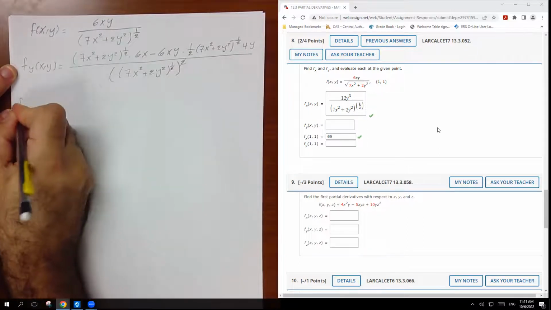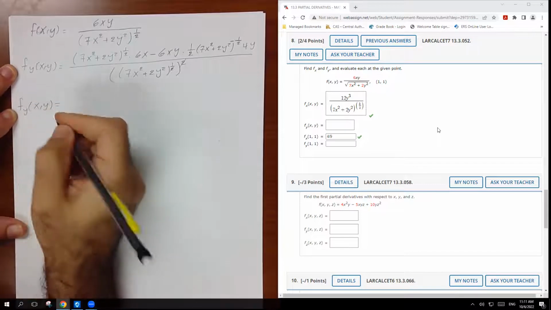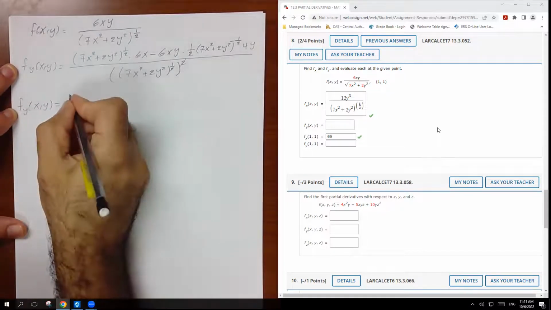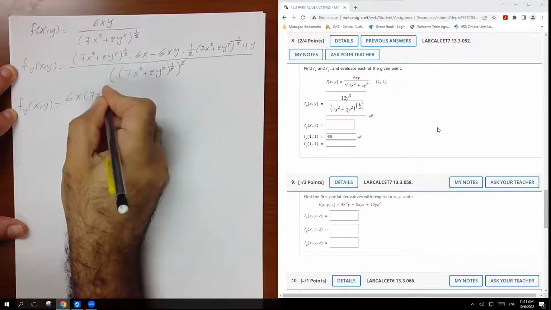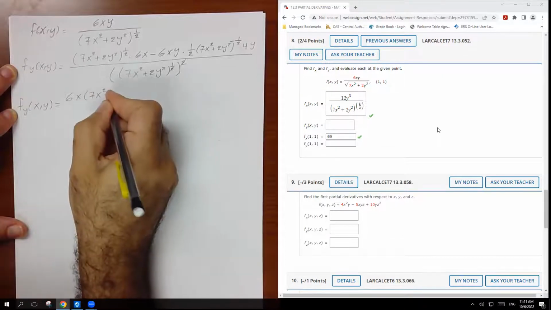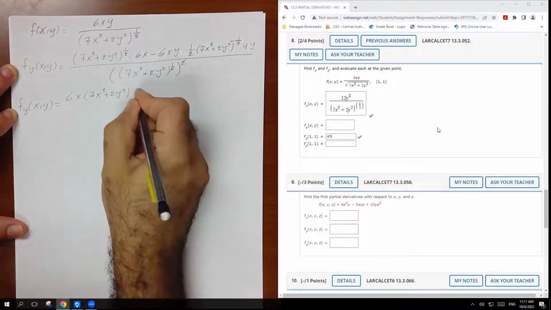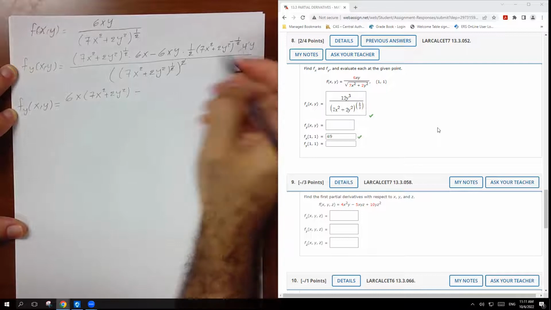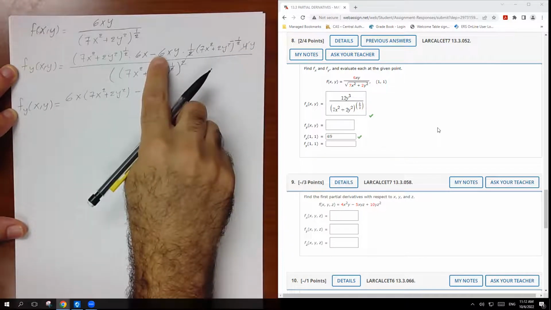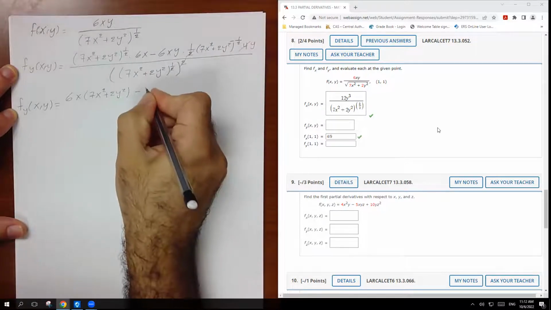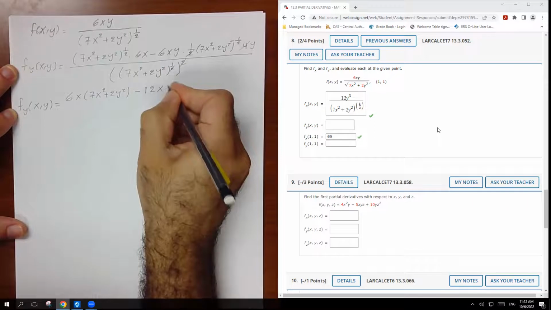That means f sub y of x, y is going to be equal to 6x times 7x squared plus 2y squared, minus, simplify the 4 with this one, it's going to be 2. 2 times 6 is going to be minus 12xy squared.